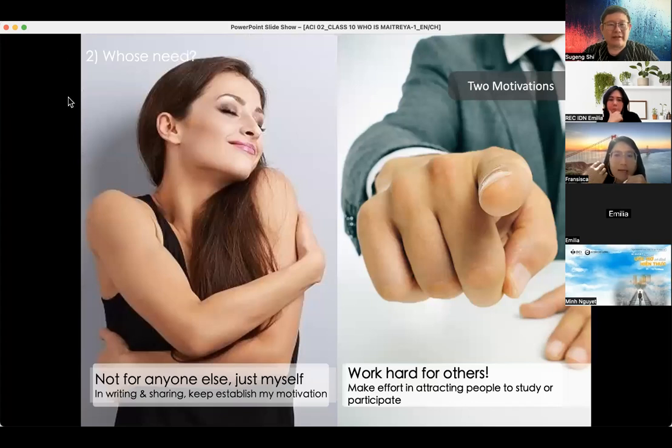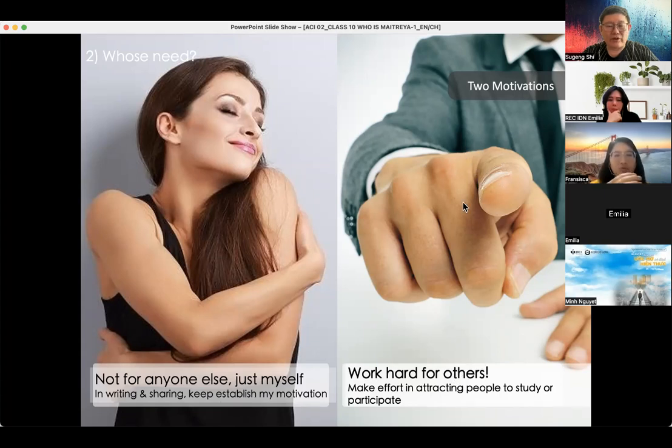Okay, and what is Maitreya's motivation in writing this book? Is it for himself? Did he write and share the commentary for himself, or is it for others?